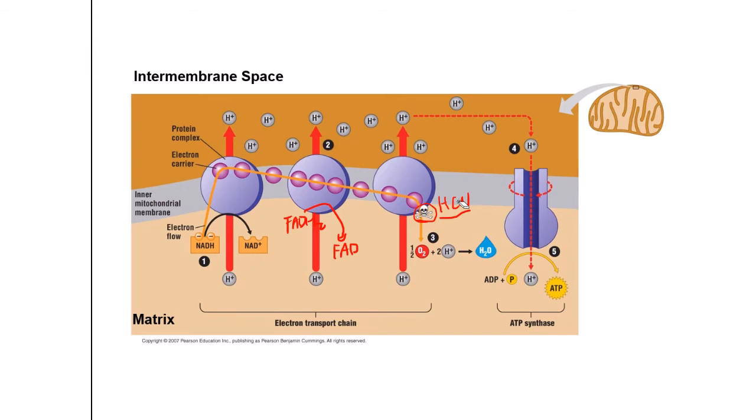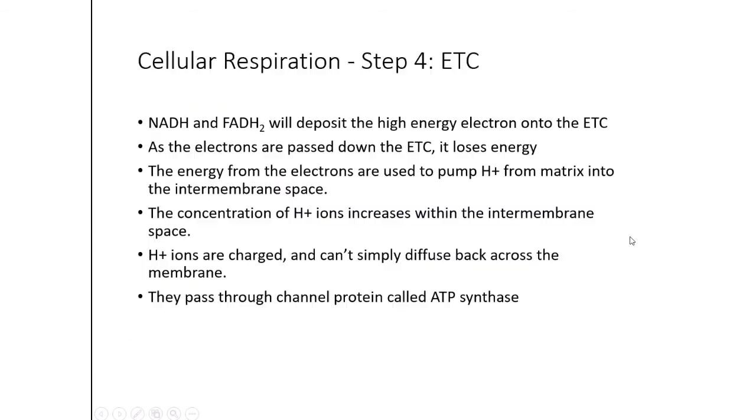So in the presence of CN, the electrons will not want to get off the ETC, and will just remain there. So it clogs up the whole ETC. When the ETC is clogged up, NADH will not be able to deposit its electrons because the chain is already full. If you can't deposit the electrons, then you cannot generate additional ATP, and that's why cyanide is poisonous.